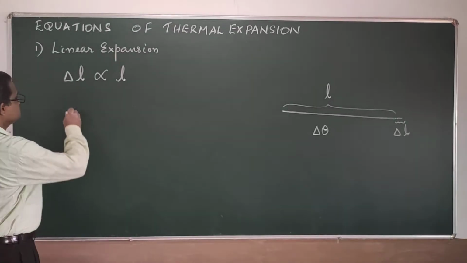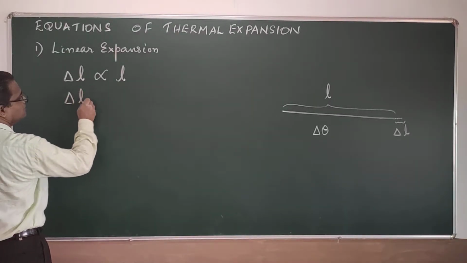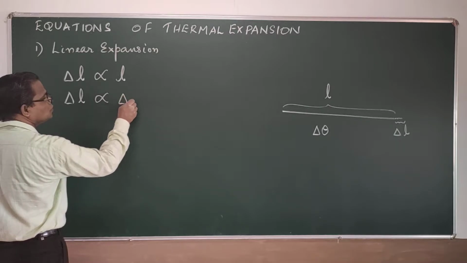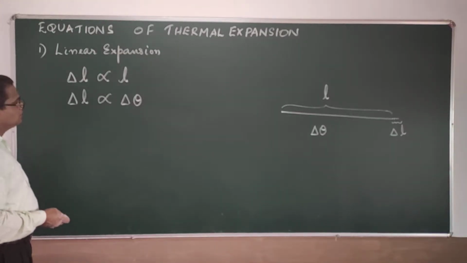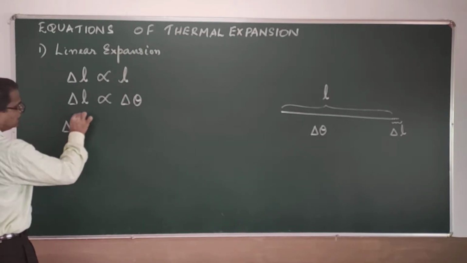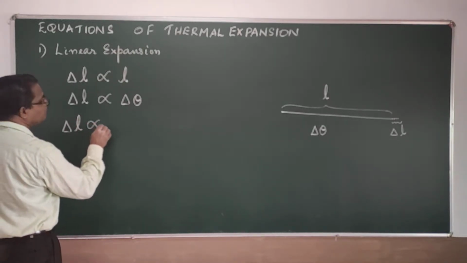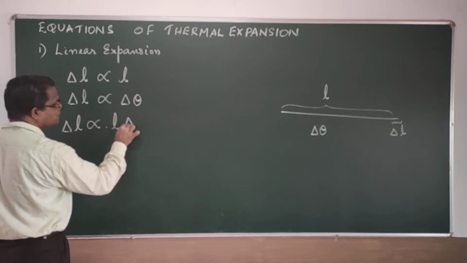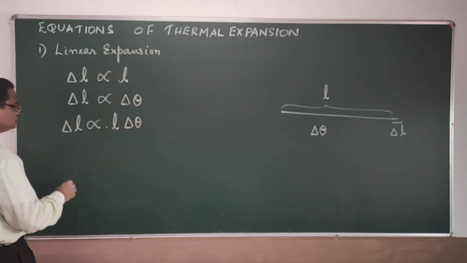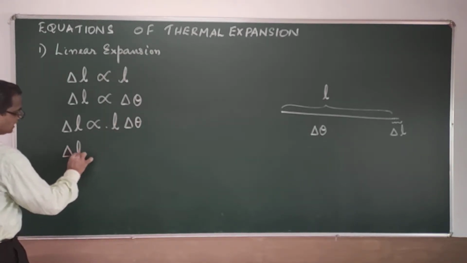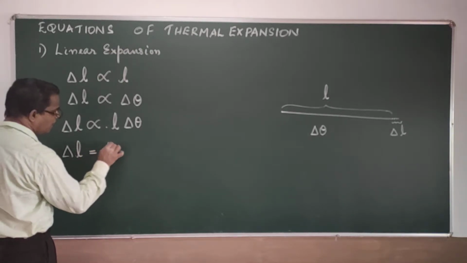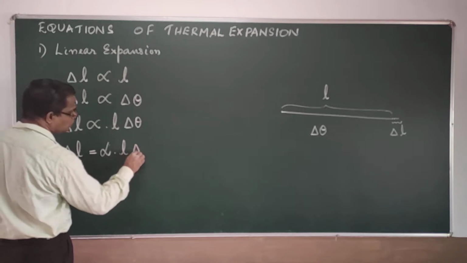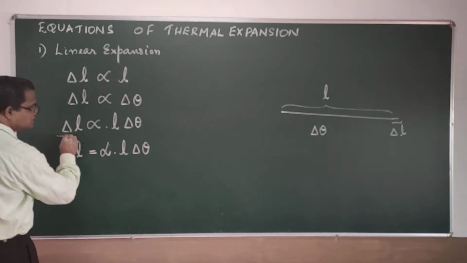And second condition says that increase in length is directly proportional to increase in temperature. Therefore, the increase in length directly proportional to original length into increase in temperature, or delta L is equal to alpha into L into delta theta, we can see.